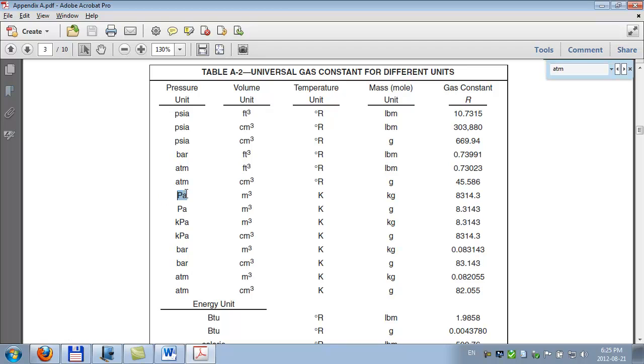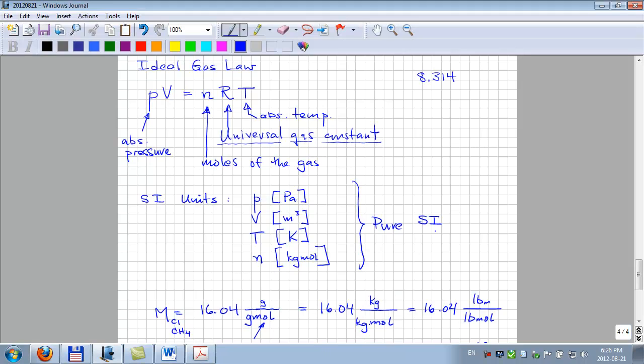Pascal, cubic meters, Kelvin, kilogram mole: 8314. That's the SI, at least if you use the pure SI units. You guys were cheating, you were using grams there. So it's 8314.3.